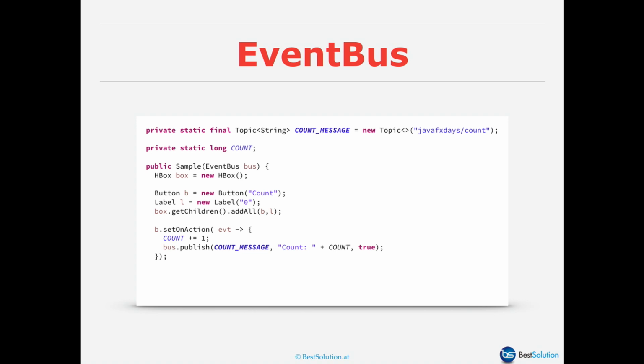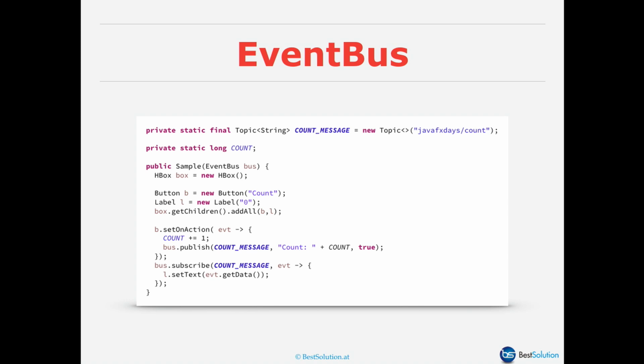Otherwise, the compiler will step in and say, hey, you're passing a double or a number here. That is not allowed. The last parameter here is important. This says we're doing this in a synchronous fashion. So we just return from this call if all subscribers to this topic have done their work.